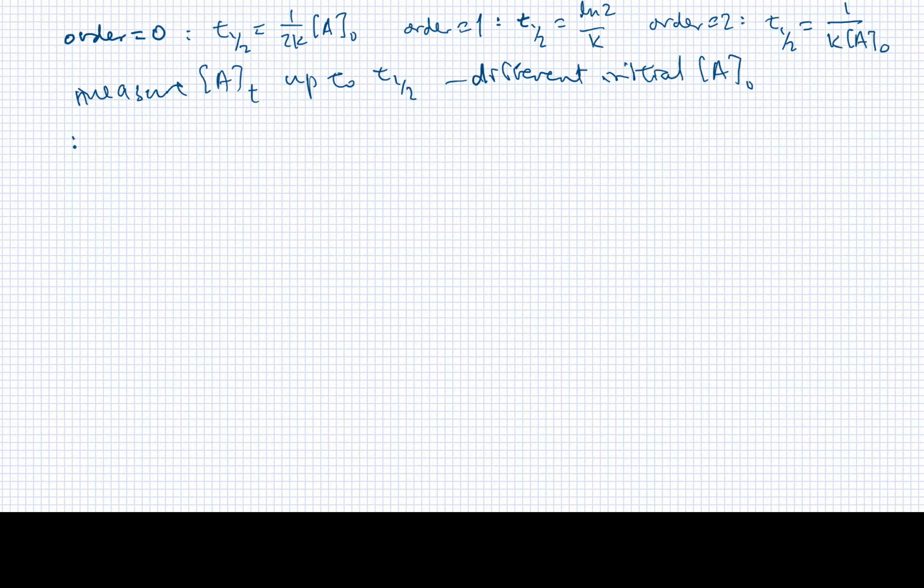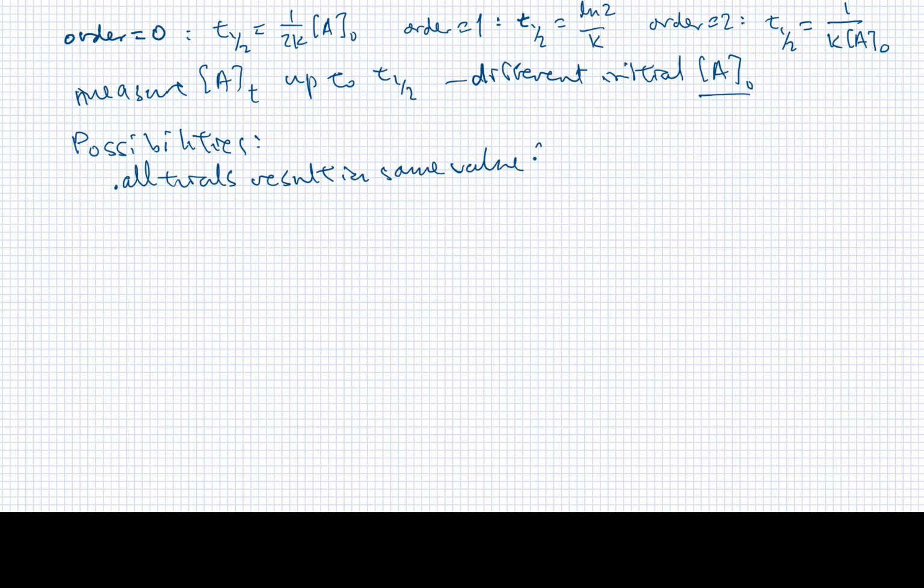And I'll say that there's really only 3 possibilities. I mean, obviously there could be a third order equation, and that would be something a little bit different. It'd be probably very similar to the second order one. Okay, one, we would find that all of our trials, no matter what the initial value of A, all result in the same value for the half-life.